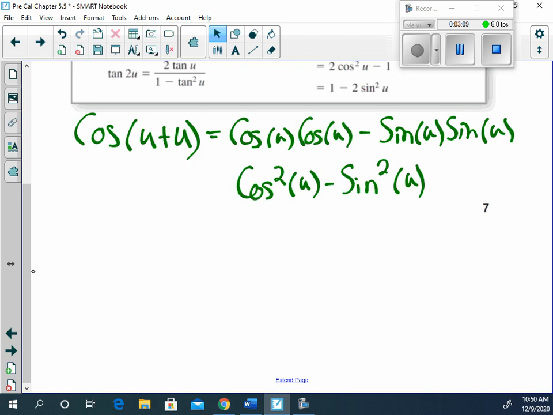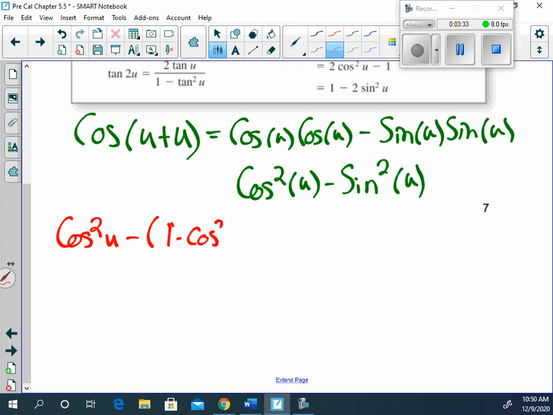Well, sine squared of theta is equal to 1 minus cosine squared of theta, and cosine squared of theta is equal to 1 minus sine squared of theta.